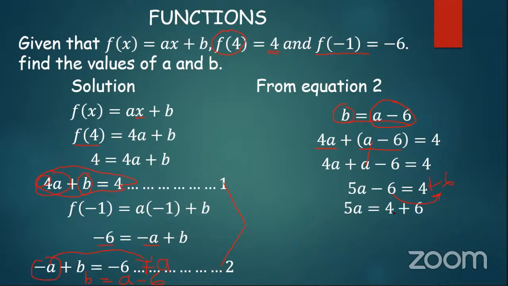So my 5a is equal to 4 plus 6. And 4 plus 6 gives us 10. So 5a is equal to 10. So we divide both sides by 5. When I divide by 5 here and by 5 here, our answer is going to be a equal to 2.